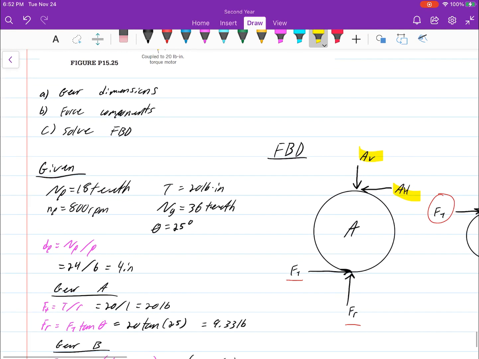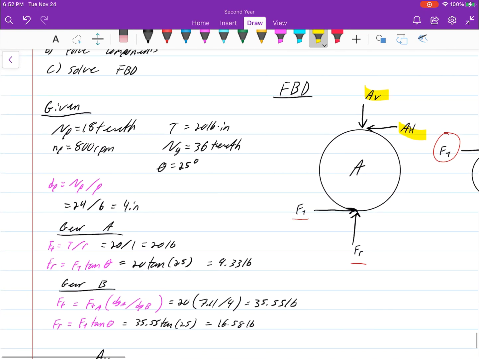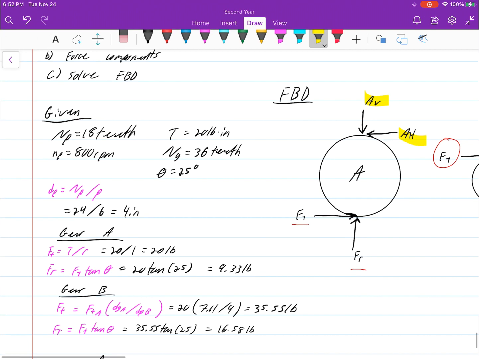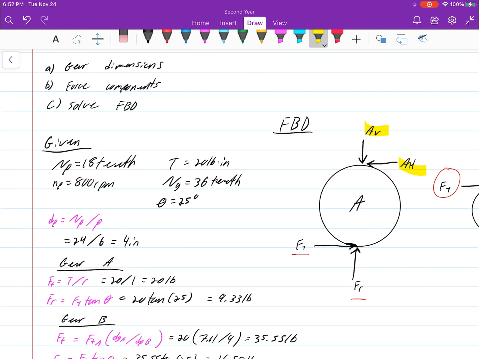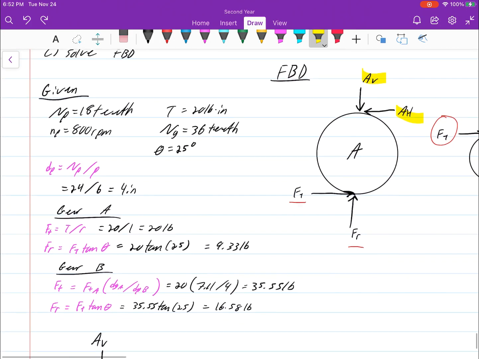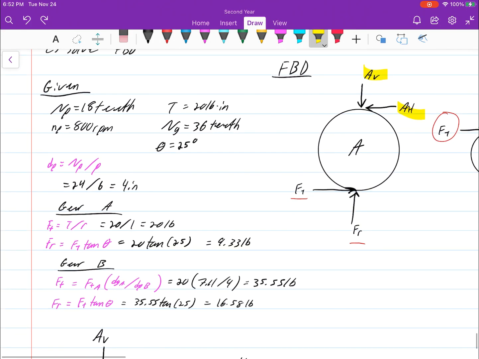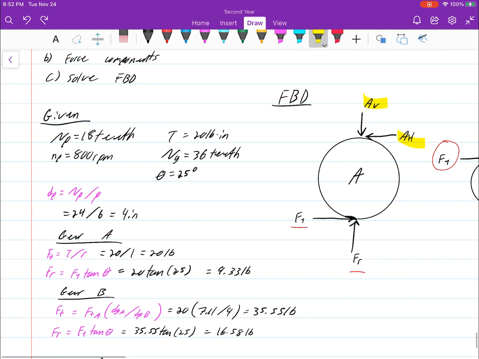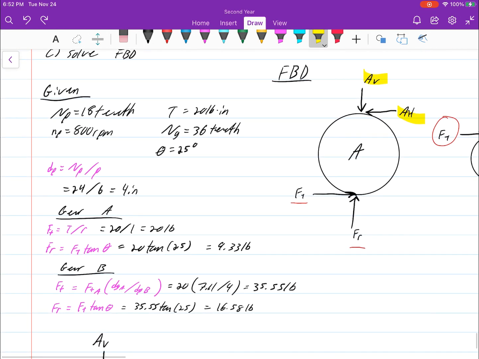But first, to get there, we have to find the dimensions of the gears. With our givens, I wrote it all down here. That was from the problem. Now it's nice and organized for us to start. In pink, we have our equations right here, and we're going to find the diameter of the pinion gear.